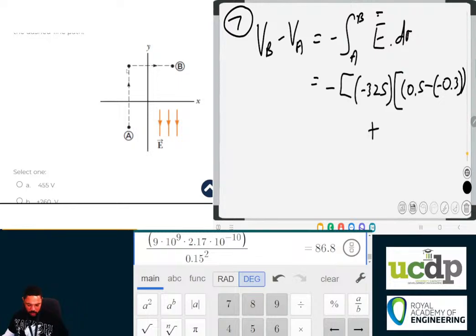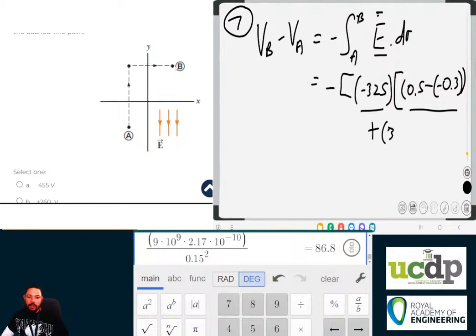That's the electric field multiplied by the distance, plus for the second part, that's for the first part from point B to this dot here.